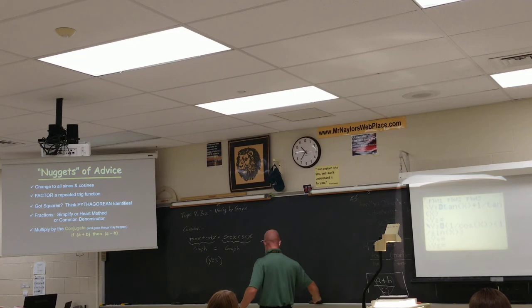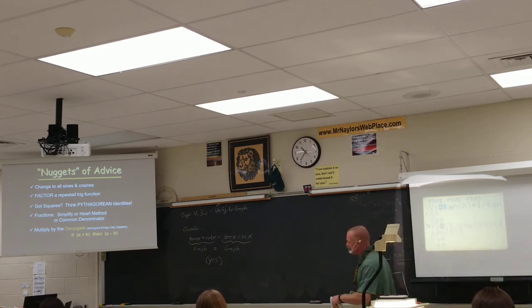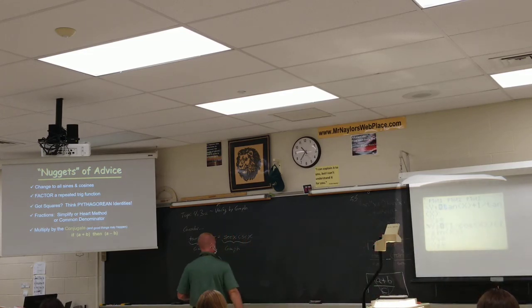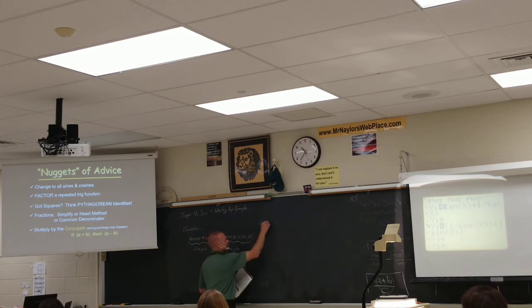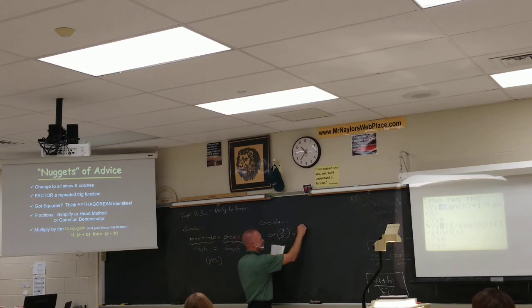But for the rest of you, let me give you one more problem to decide, is this an identity? Because the answer isn't always yes. If the answer is always yes, it doesn't make for a really good quiz question. What you're really trying to do is figure out if this is an identity.